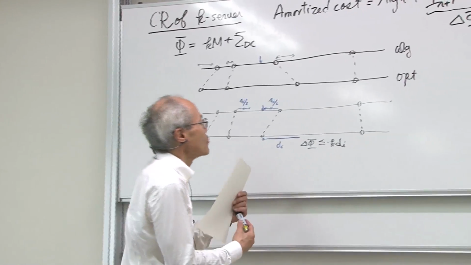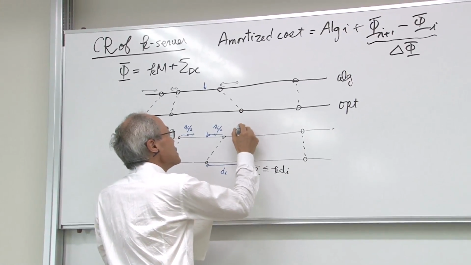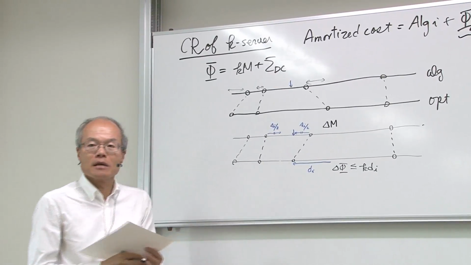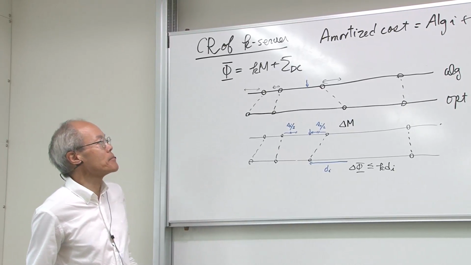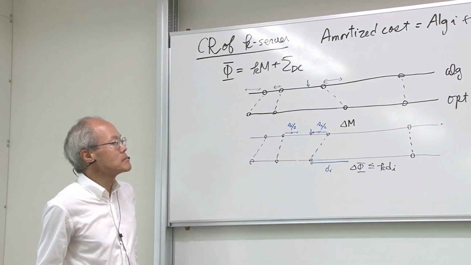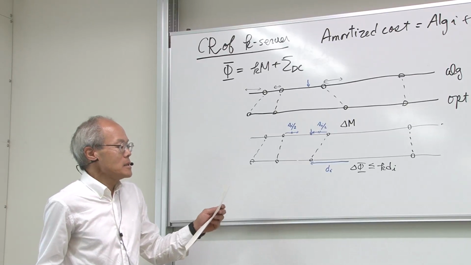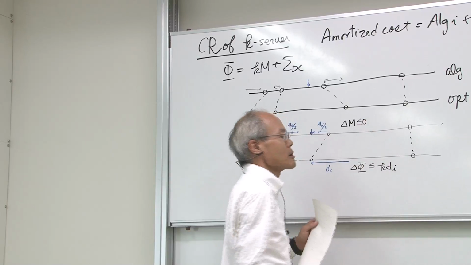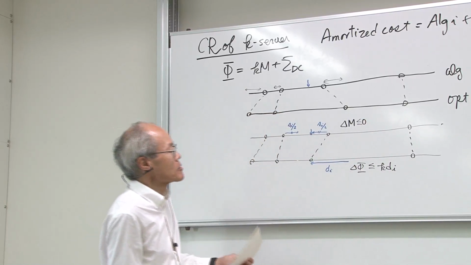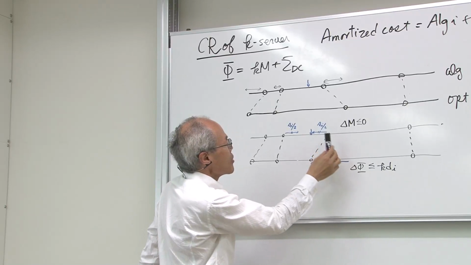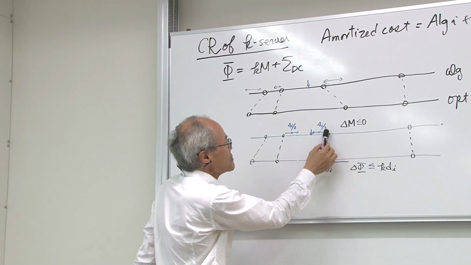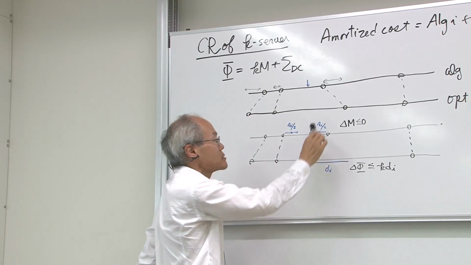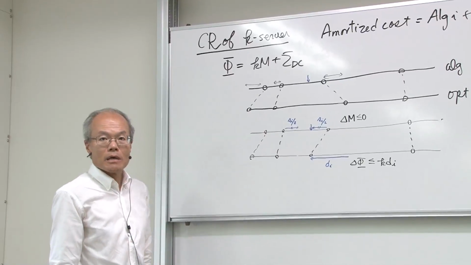And what is delta M, the change of matching? It is at most 0. Why? It's pretty easy. By moving from here to here, this matching decreases by exactly this value, d_i over 2.